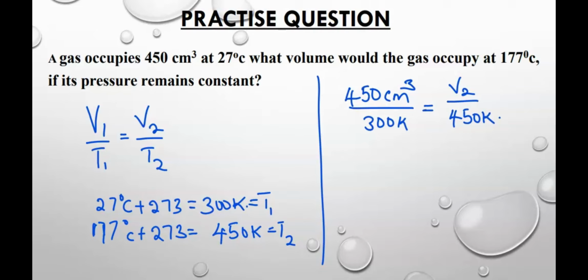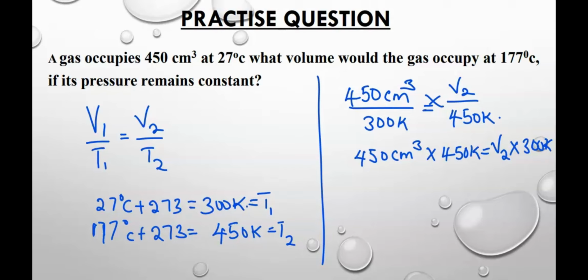For us to get the value of V2, we make V2 the subject by cross multiplying. So it will be 450 cubic centimeters multiplied by 450 Kelvin equals V2 multiplied by 300 Kelvin.